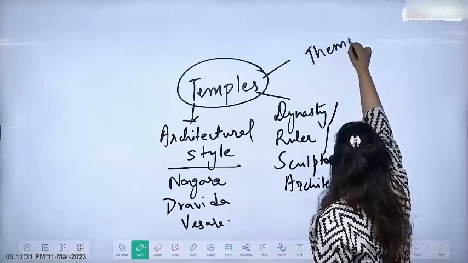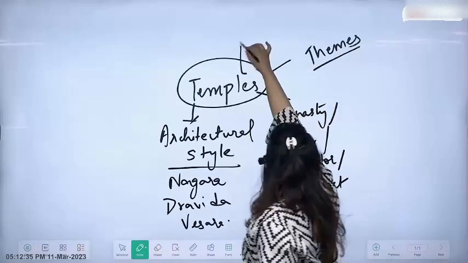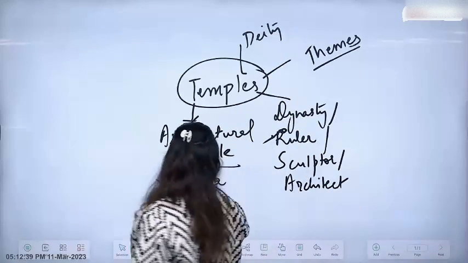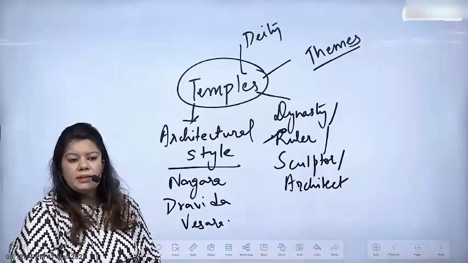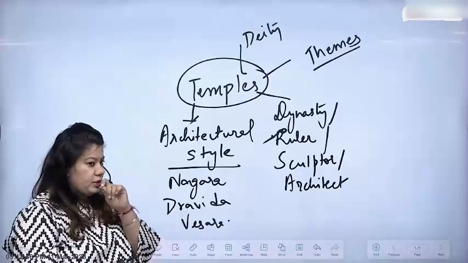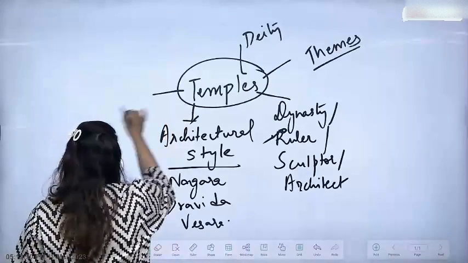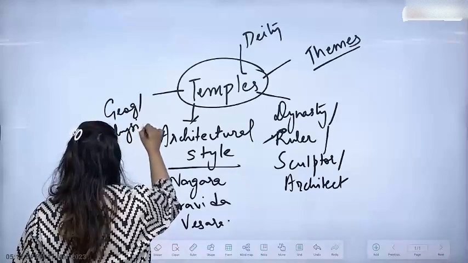The themes, prominent themes on the temple, the deity to which it is dedicated, whether it is a Shiva temple, Vishnu temple, or there are other deities also to which it is dedicated, right? Then any geographical or physiographic division.